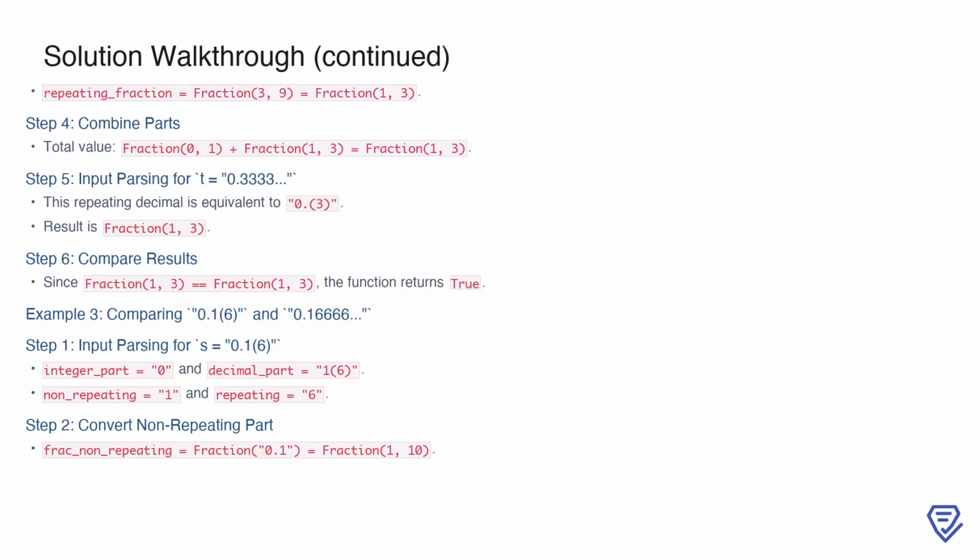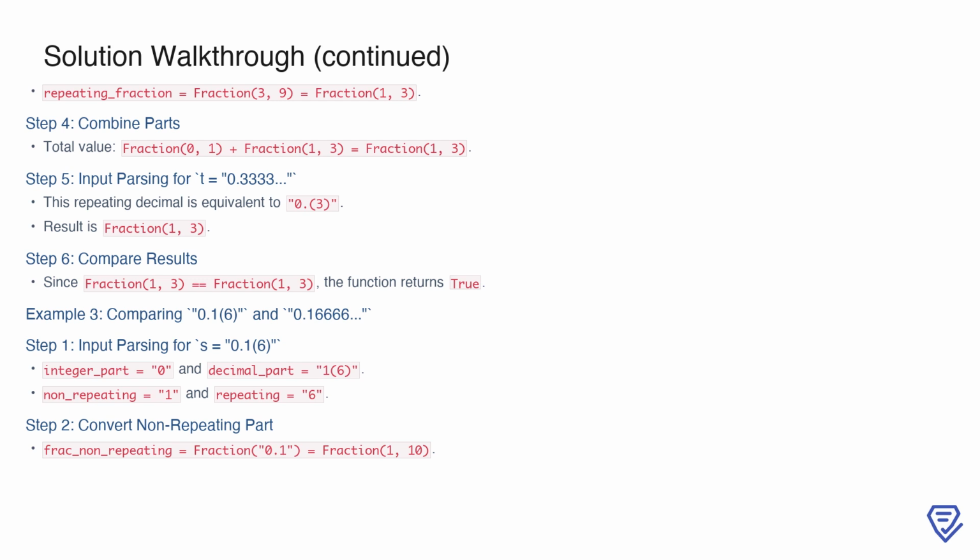After calculating the repeating fraction, we combine it with the non-repeating part. Since the non-repeating part is Fraction(0, 1), the total value becomes Fraction(0, 1) plus Fraction(1, 3), which equals Fraction(1, 3). For the second input, t equals 0.3333, we recognize that this repeating decimal is equivalent to 0.(3).